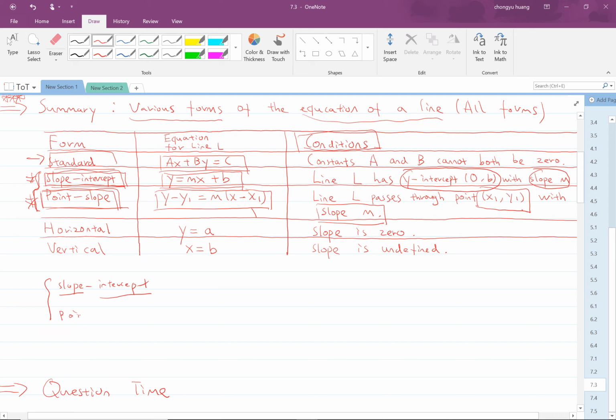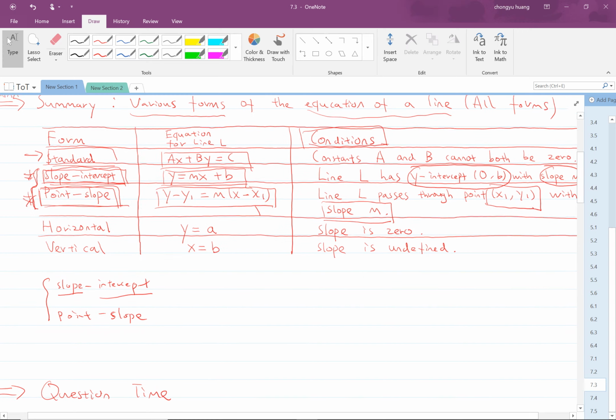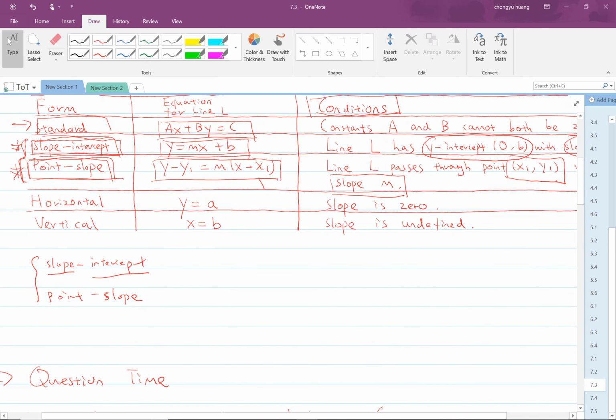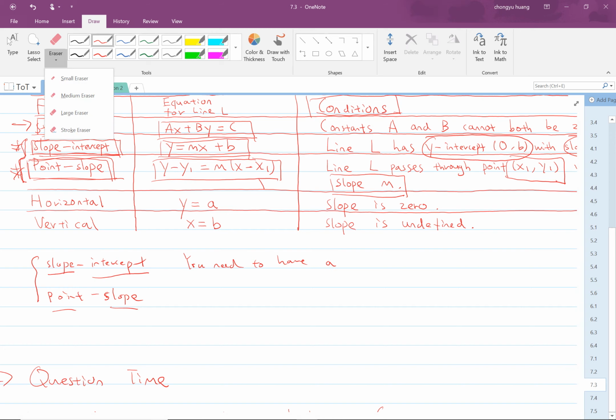Let me zoom in a little bit. As I mentioned before, for those two forms, the easy way to memorize is you need to have a slope. Sorry, let me rewrite it.